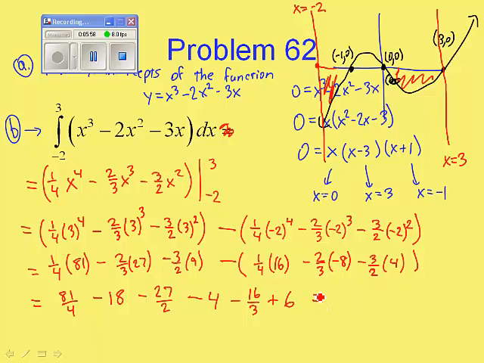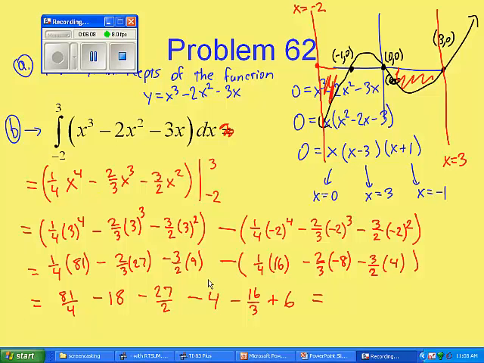Then you got it. So part B. Some of you may have resorted to the calculator by now, right? So let's see. Here's 80 and a 4th minus, so that's 20 and a 4th minus 13 and 2/4.